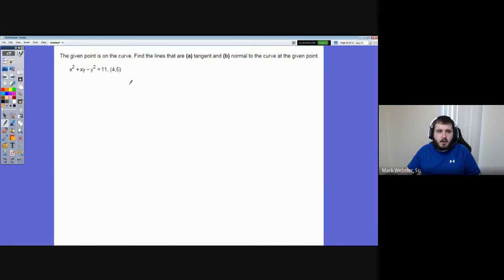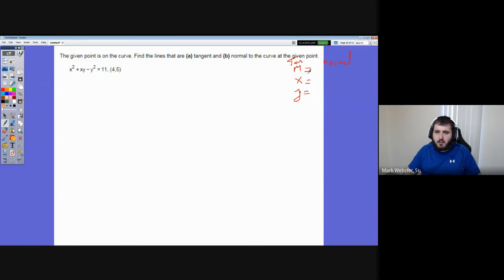Same thing here. Given points on a curve, here it says find the lines that are tangent and normal. So, tangent line, normal slope, right? x, y. And then the normal line is the one that's perpendicular.